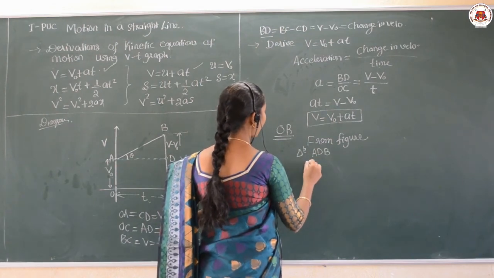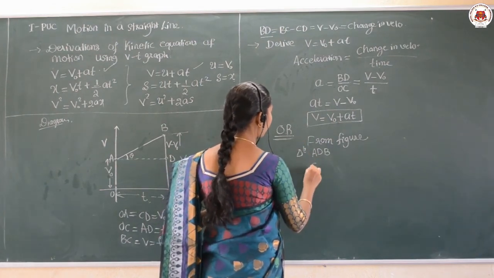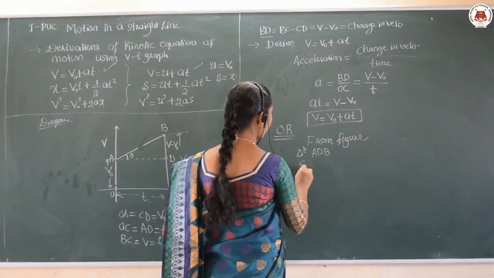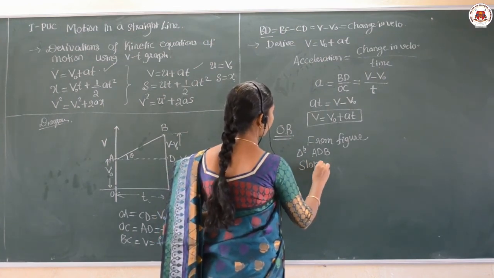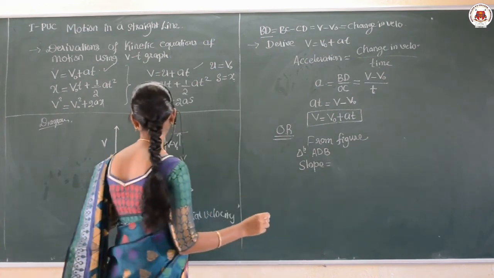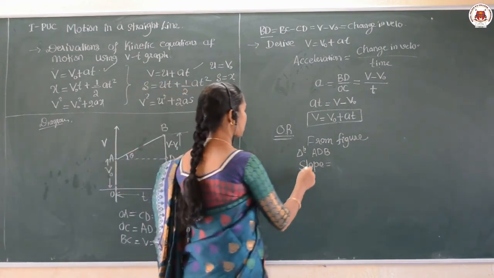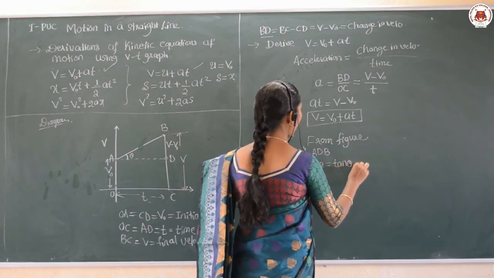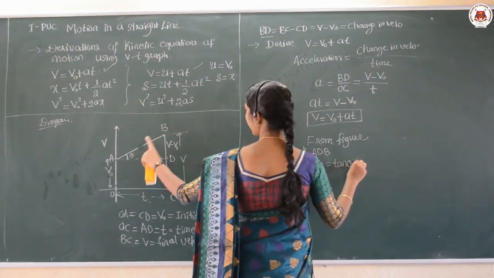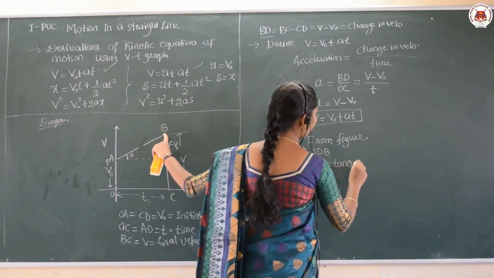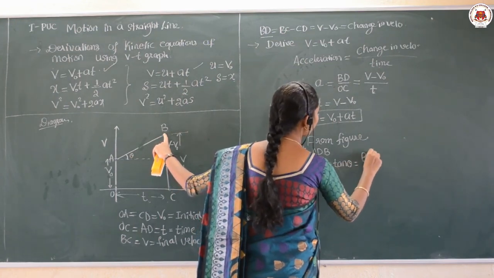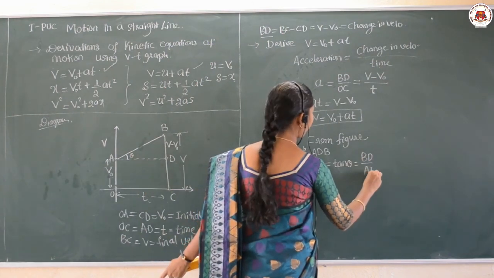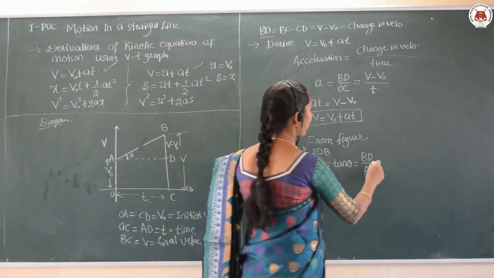Here I define tan theta, that is the slope. From the triangle ADB I take the slope. Slope means, as you know, tan theta. Tan theta means opposite divided by adjacent, BD upon AD.